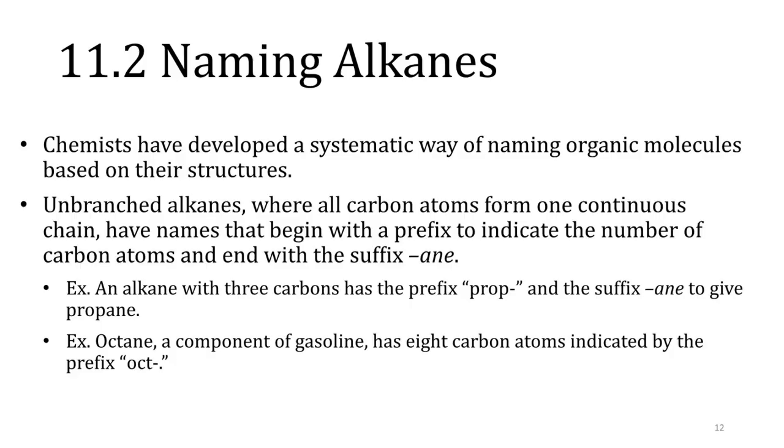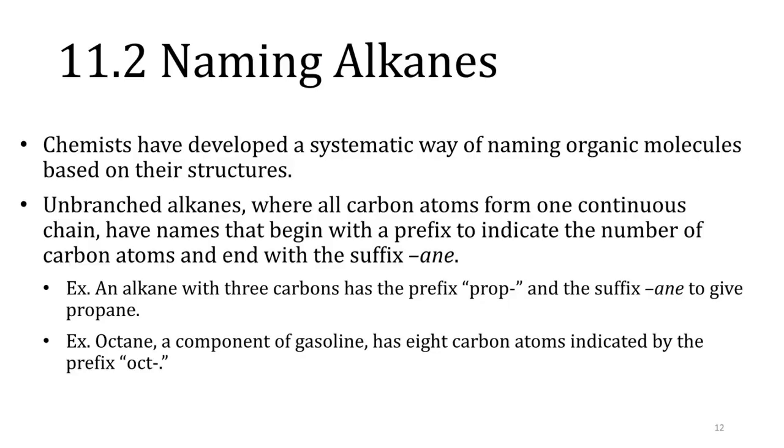There's a simple one where 7 carbon atoms are in a line, but then we can have lots of structures where there's branching or even ring structures within the system. So we have to have a way of systematically naming compounds, that is, communicating to other scientists or engineers what compound we mean explicitly.